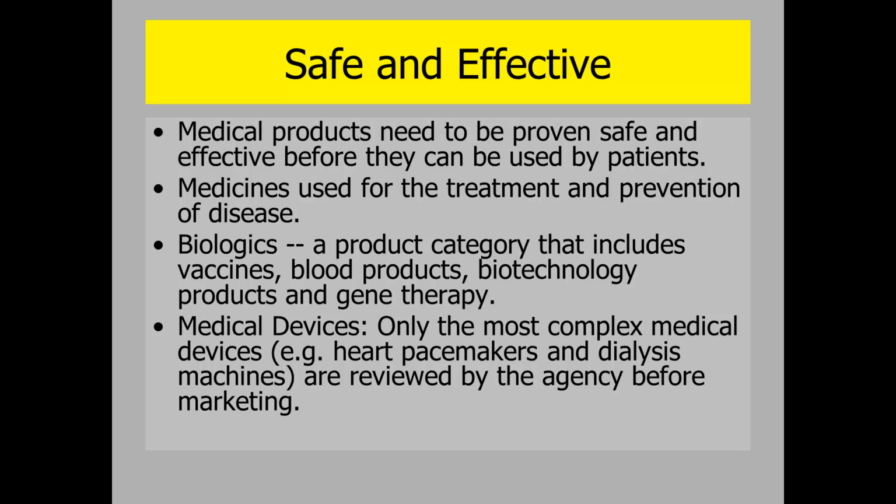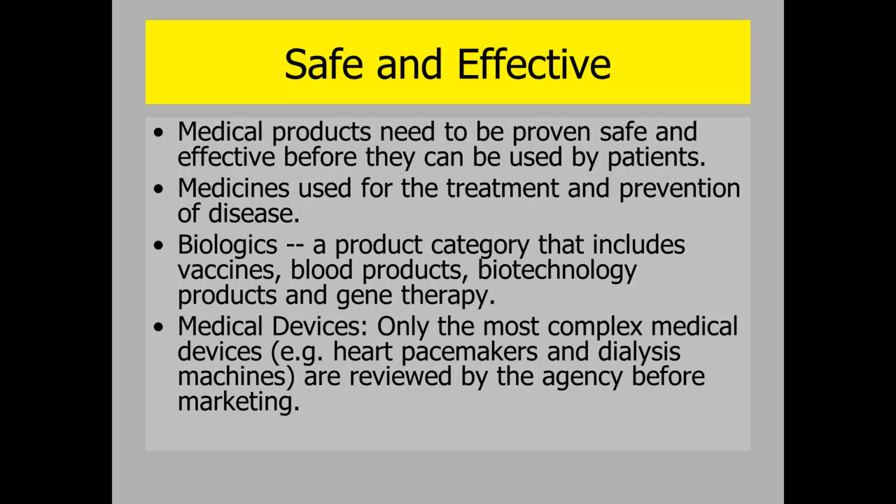Those would be biologics. Medical devices would be, for the most part, viewed on how intrusive they are. So for example, in the simplest form, a medical device could be a blood pressure cuff, where you want to make sure it's effective at measuring blood pressure.